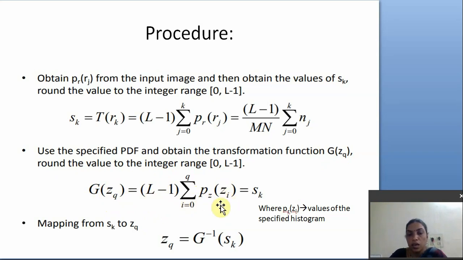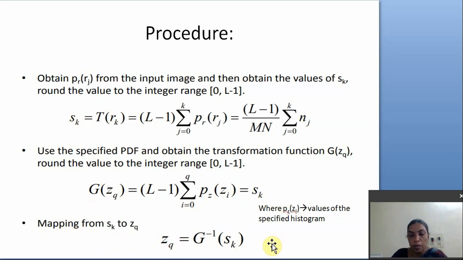Here Pz of Zi is related to the specified histogram. Now map these ZQ values to the SK values, where ZQ is from this equation, G inverse of SK.